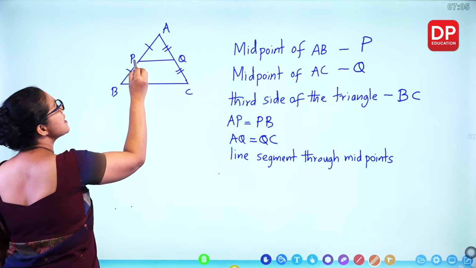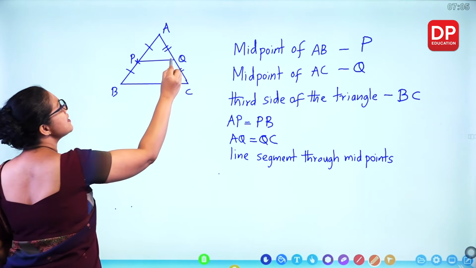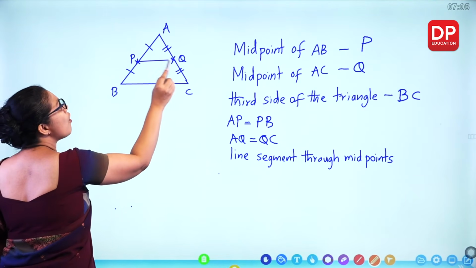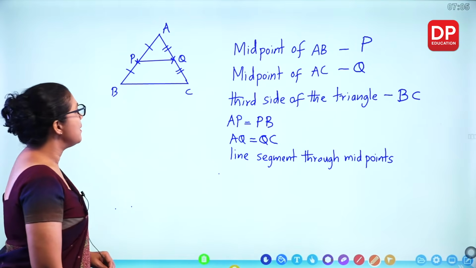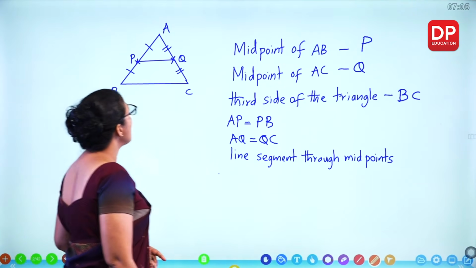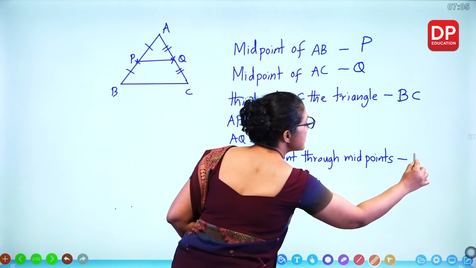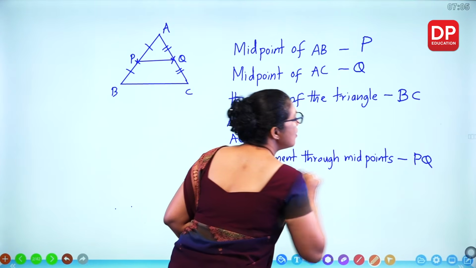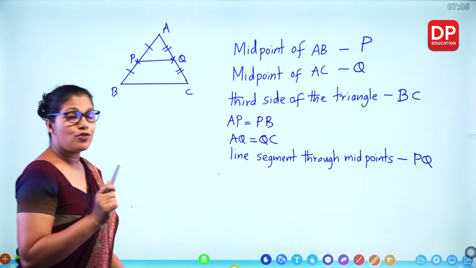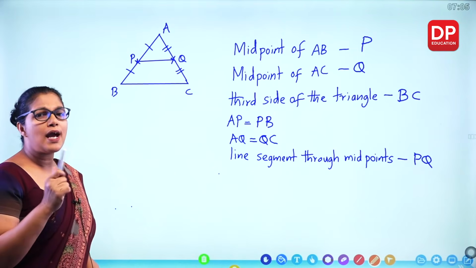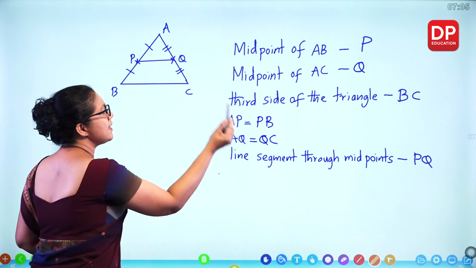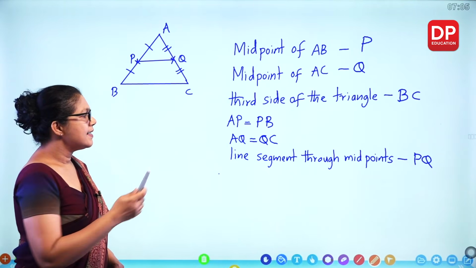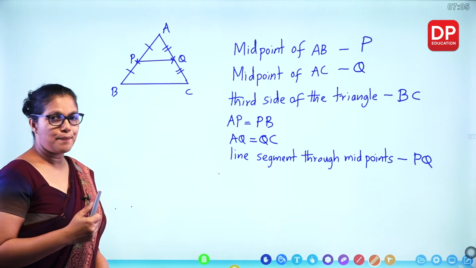When we connect the midpoints of these two sides, we call this line the line segment through midpoints. So I can write for this example, that's line PQ. You need to know how we identify these terms in a triangle: midpoint, third side and line segment through midpoints.